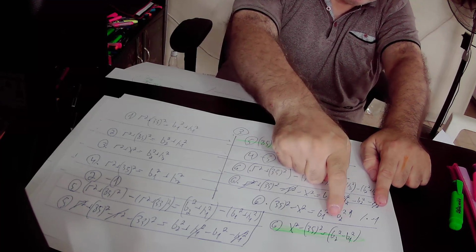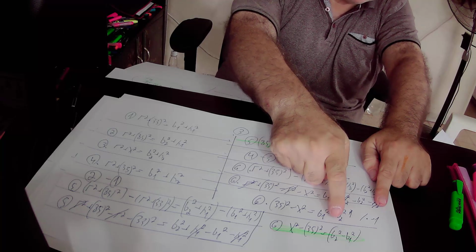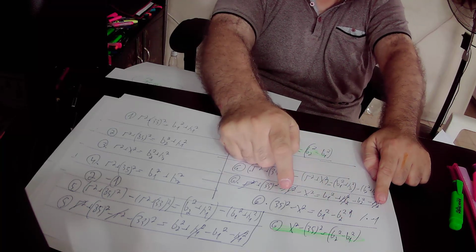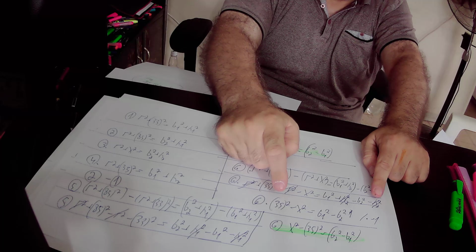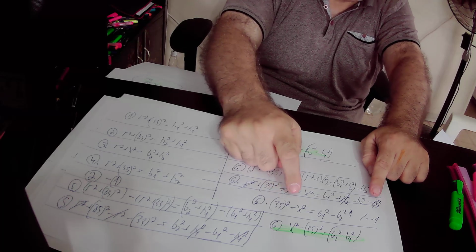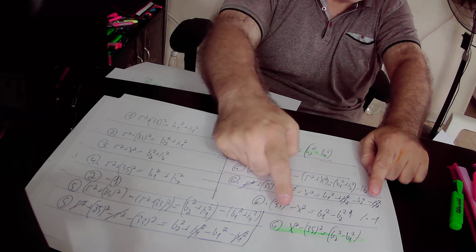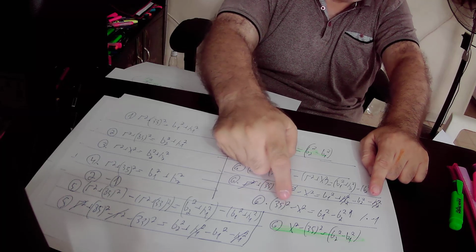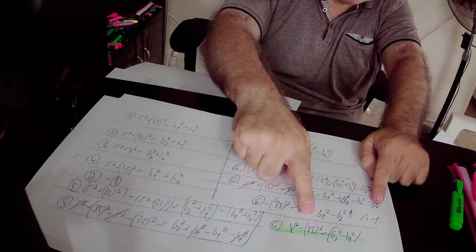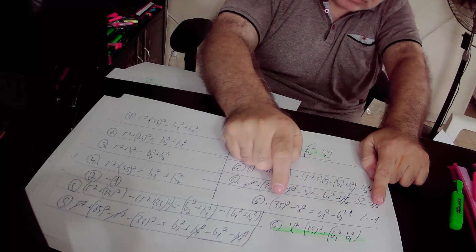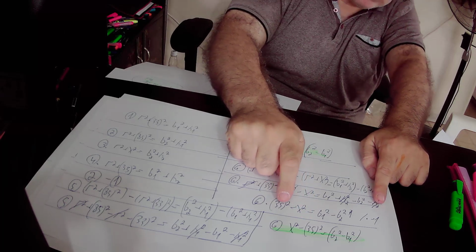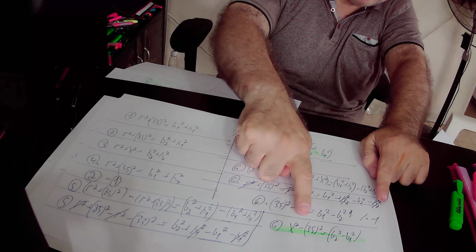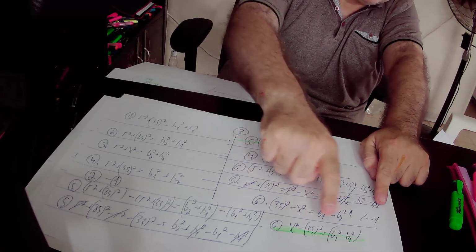So here we have b2 square minus b1 square, that is equal to minus x square will become plus x square, and plus 35 square will become minus 35 square, because we multiply it by minus 1. So in conclusion, we found out that according to equation number 6, x square minus 35 square equals to b2 square minus b1 square.